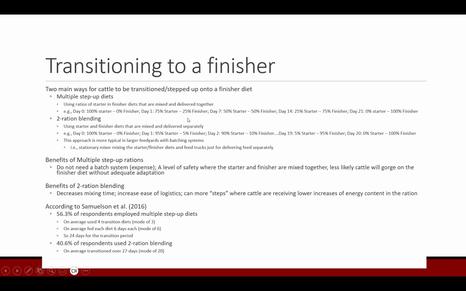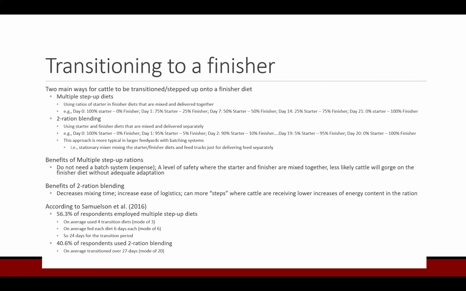Day 1, 75% starter, 25% finisher. Day 7, 50-50. Day 14, 25-75. By day 21, under this protocol, we'd be feeding them 100% finisher. Even though we're changing the ratios of the two, they're mixed and delivered in the same wagon at the same time. So that's multiple step-up rations.